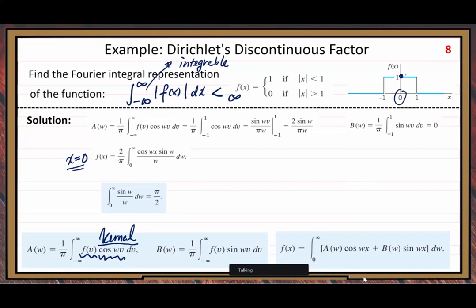So here we apply the Fourier integral representation. We can prove it. All right? So that's the first thing. The second thing, here I want to do a summary. Why do we do this? In this summary, I want to explain why we do things like this.